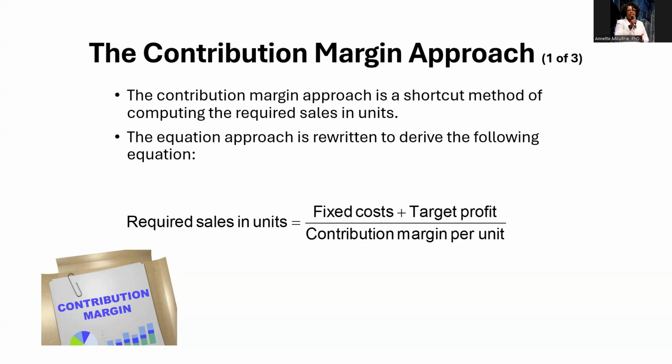Now we can rewrite the equation approach so that fixed cost plus target profit divided by contribution margin per unit equals the required sales in units.